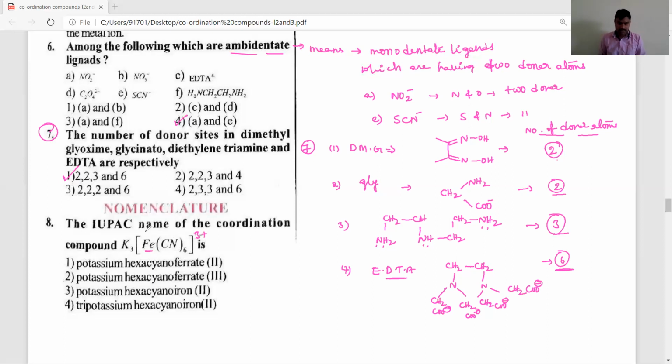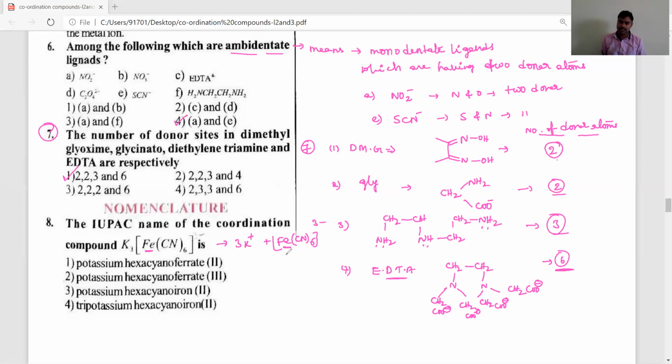Sorry students, it is not positive. It will ionize to give 3K plus and [Fe(CN)6] 3 minus, a negative coordination complex. On the coordination sphere 3 units of negative charge are present. That's why it is a negative complex compound. In a negative complex compound, the central metal name ends with -ate, so ferrate.